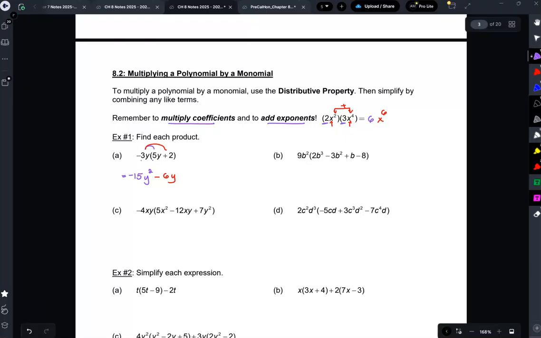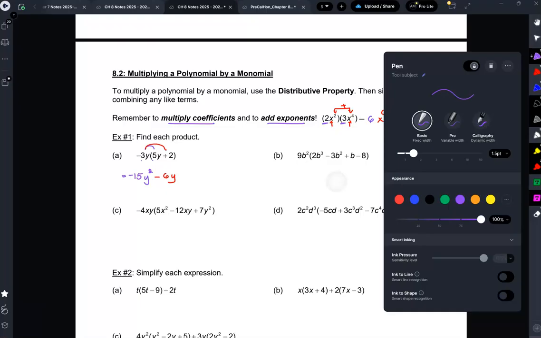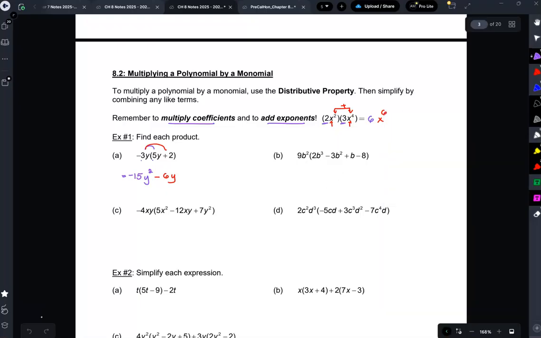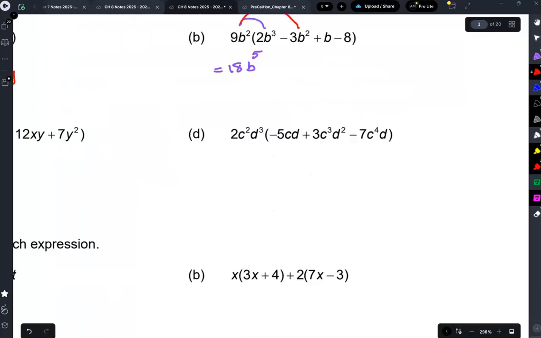Okay, here. So first I'm going to multiply 9b squared times 2b cubed. So 9 times 2 is 18. b to the 2 plus 3, 5. Then this times this. 9 times negative 3 is negative 27.